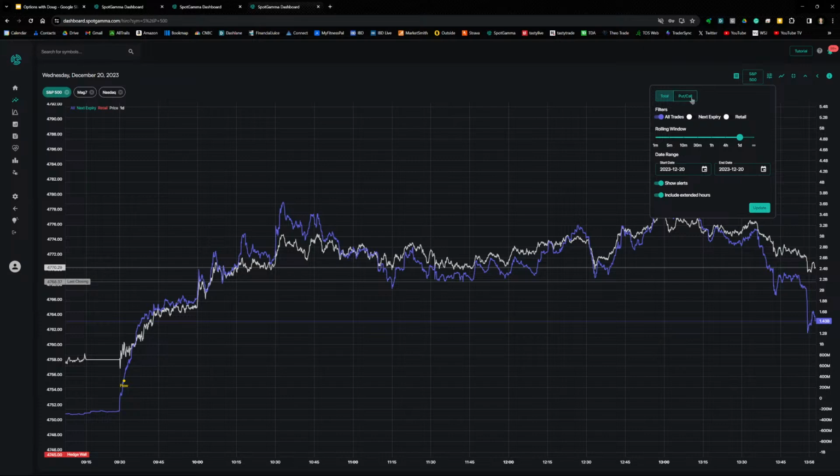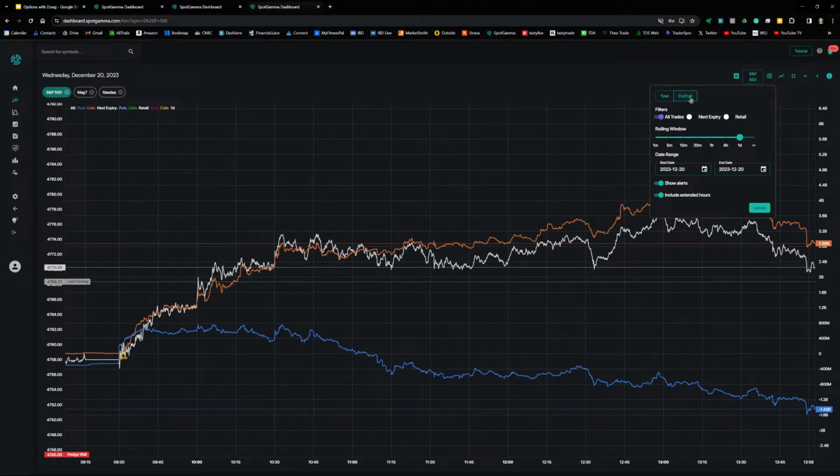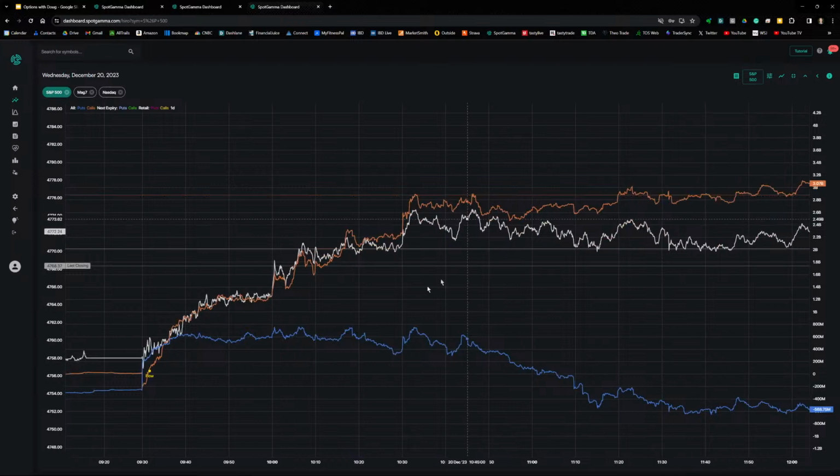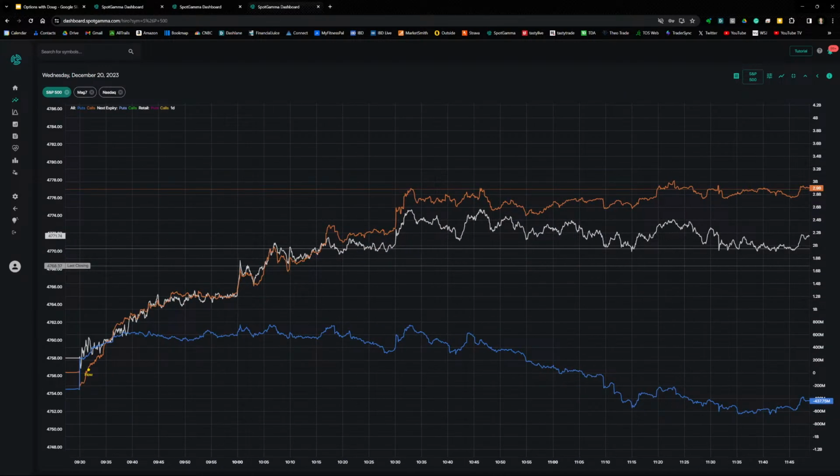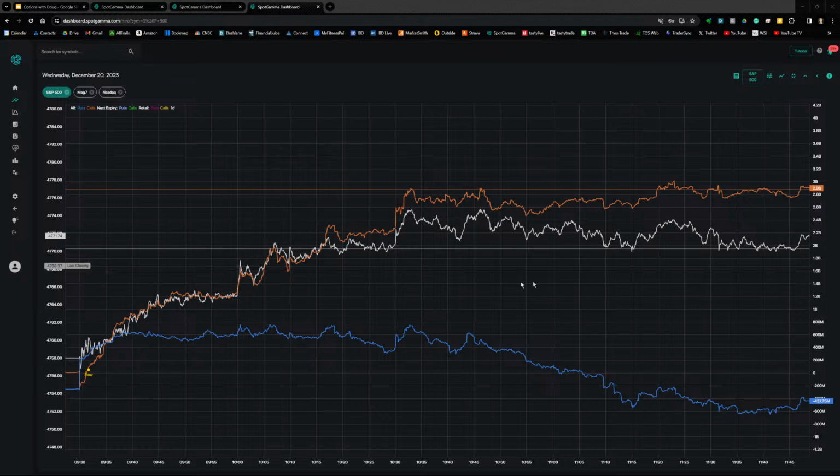I'm going to separate out puts and calls. Earlier today, let's zoom in on this, they were buying calls and initially selling puts. Calls are shown with the rising orange line. When traders buy calls, market makers sell the calls, and they have to buy ES futures to hedge their delta exposure.